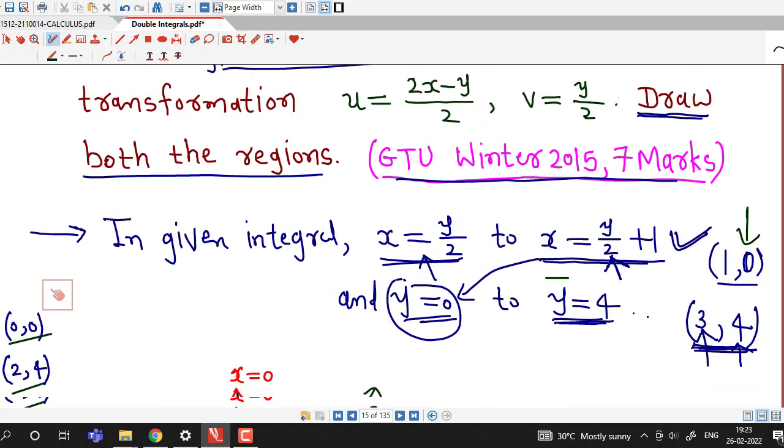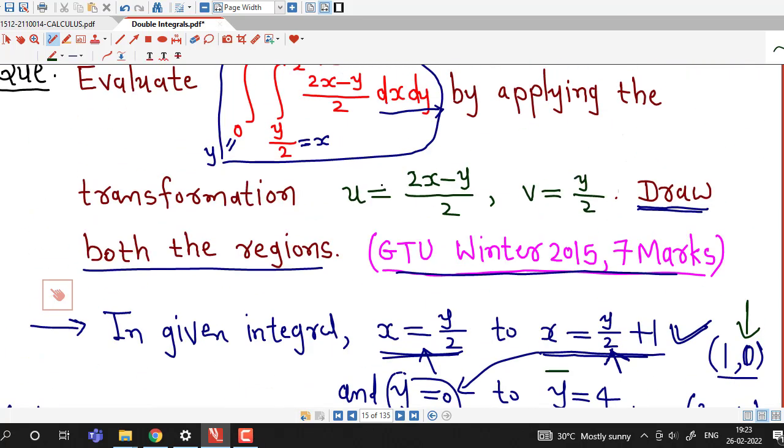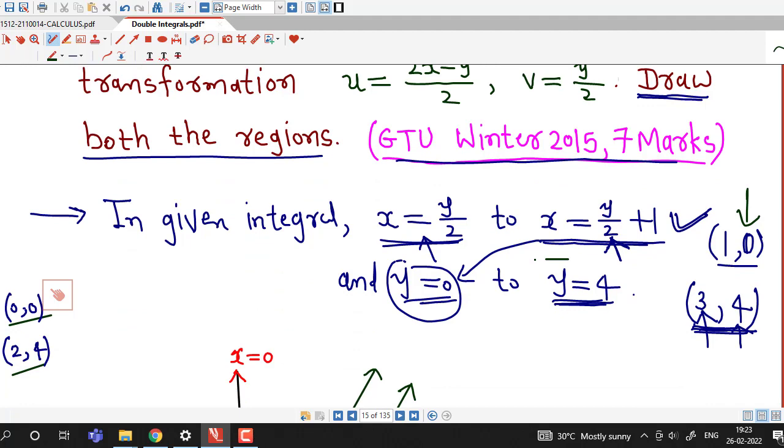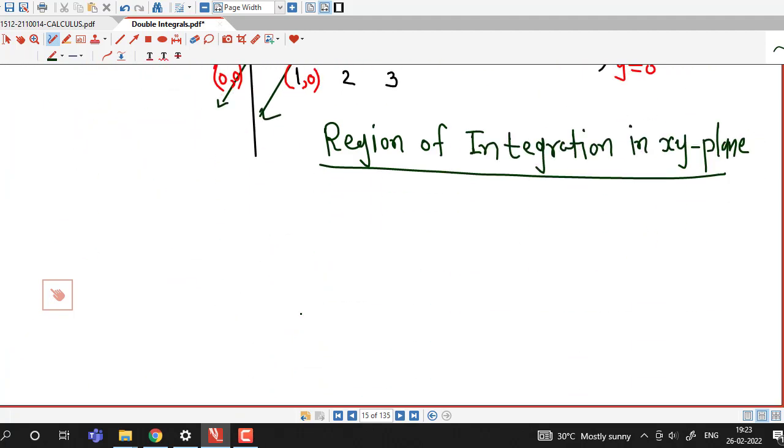Now first we use this transformation u equal to (2x minus y) by 2 and v equal to y by 2, and we find the region corresponding to this region in the UV plane. So for that we can first write the transformation.